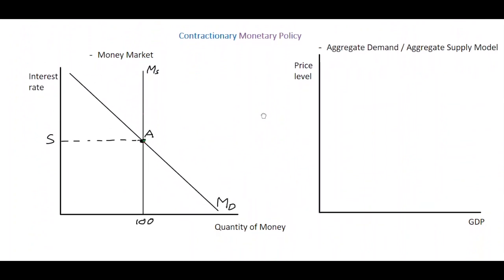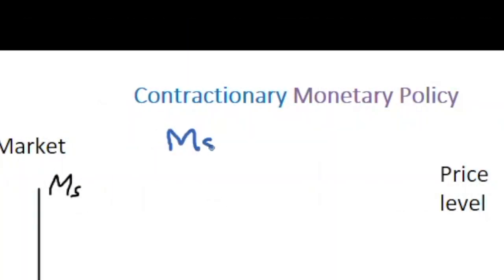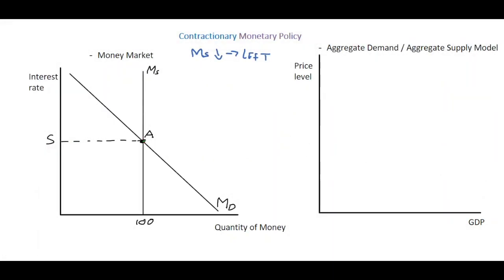So if we look at the second model up here, contractionary monetary policy would mean everything goes in reverse. So a central bank is selling government bonds out on secondary markets, in which case the money supply is decreasing. If it is decreasing, this means that there's a leftward shift of the money supply curve. We can indicate this on our money market diagram, and we can show that the money supply curve shifts to the left.